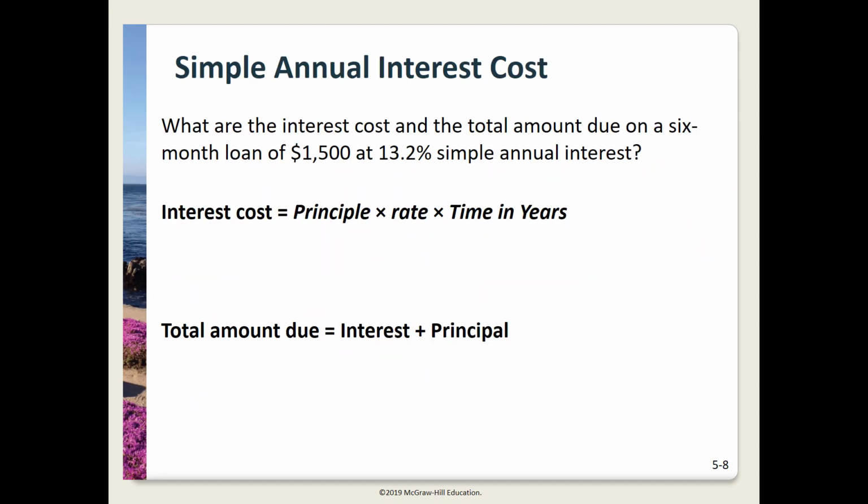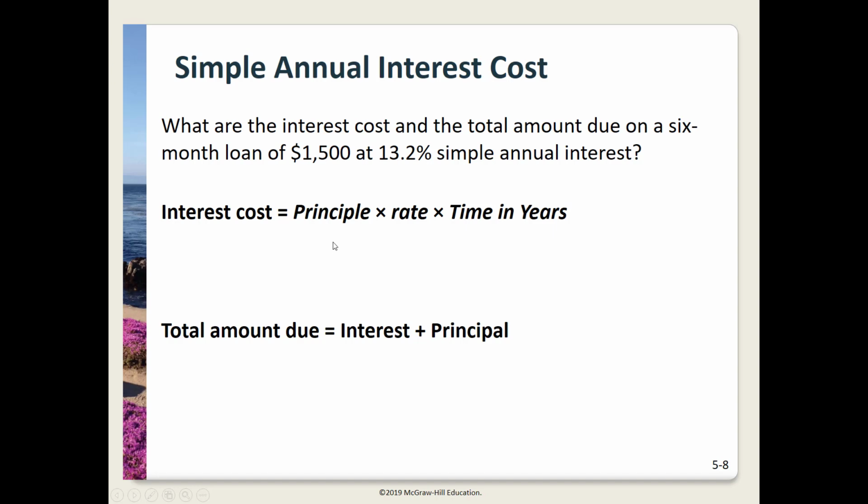In this next example, we're going to be looking at simple annual interest cost. So what are the interest costs and the total amount due on a 6-month loan of $1,500 at 13.2% simple annual interest? So our two formulas here, we're going to first find the interest cost, and then we'll figure out the total amount due. So our interest cost formula is where we take the principal times the rate times the time in years.